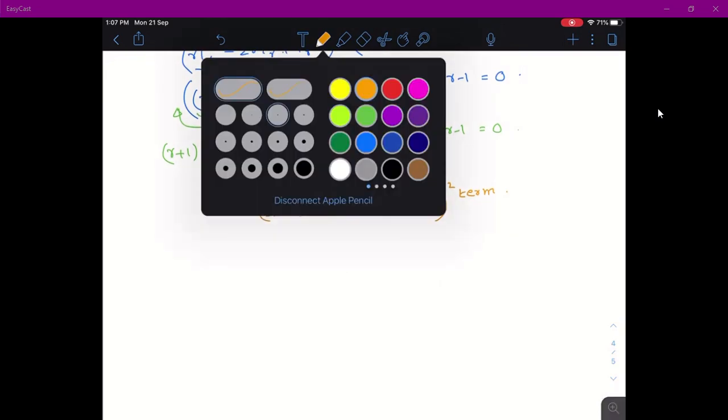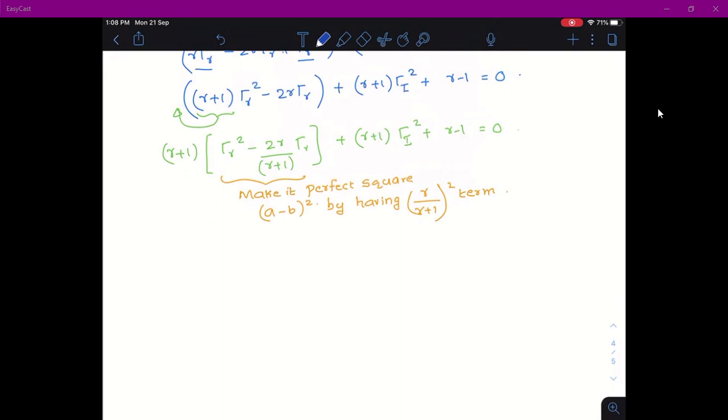So what do you do? We can just add and subtract (r / (r + 1))², which means you are not changing the equation.